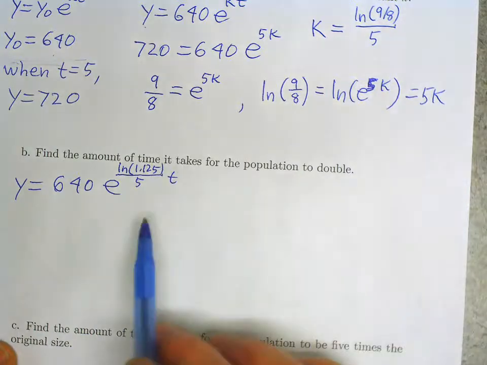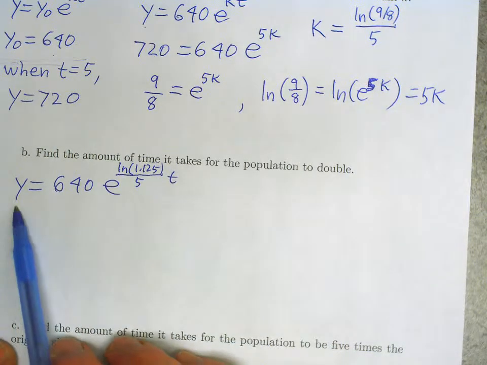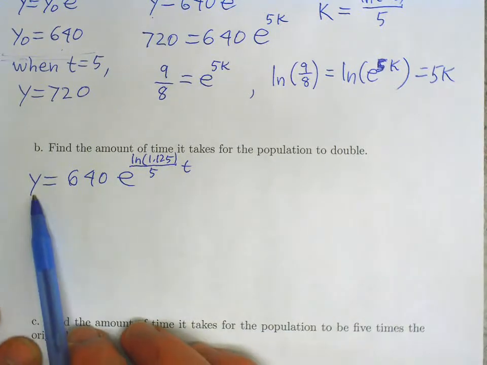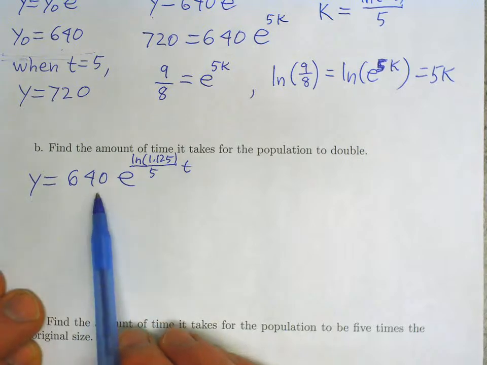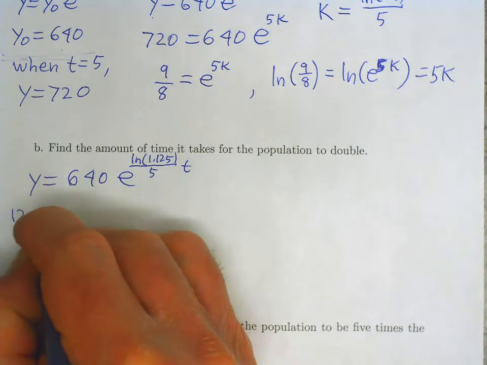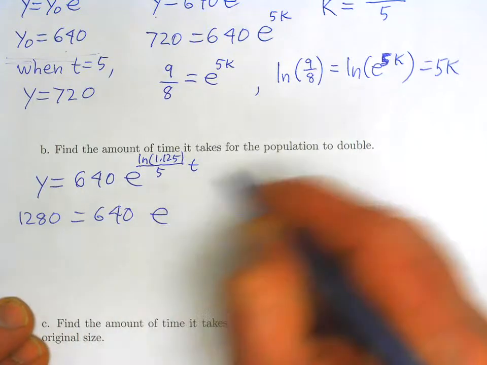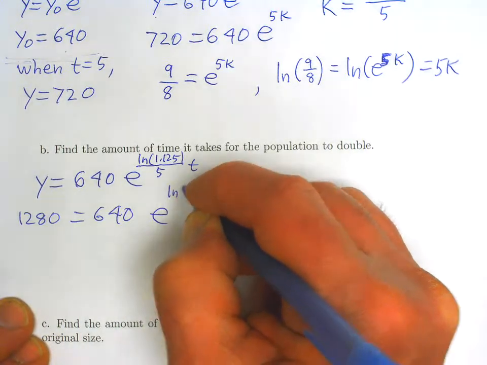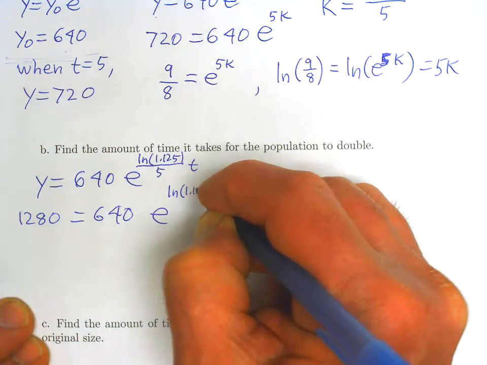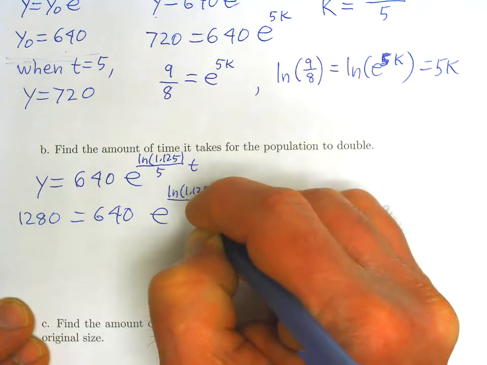Okay, so how long does it take for the population to double? So replace y with 2 times 640, or 1280. 1280 equals 640 times e to the kt, or k is the natural log of 1.125 over 5 times t.